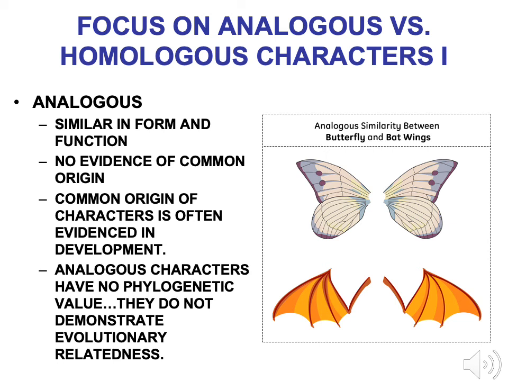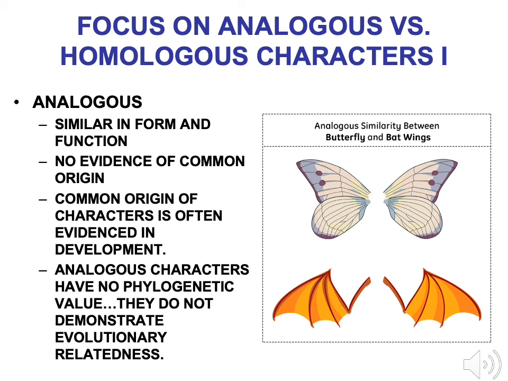So if I take a look at the development of a bat's wings versus the development of a butterfly's wings, that's giving me a view on the origin, that is the evolutionary origin, of those two groups. Analogous characters, it says here, have no phylogenetic value because they do not demonstrate evolutionary relatedness.